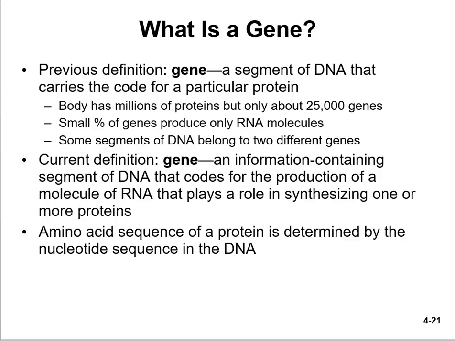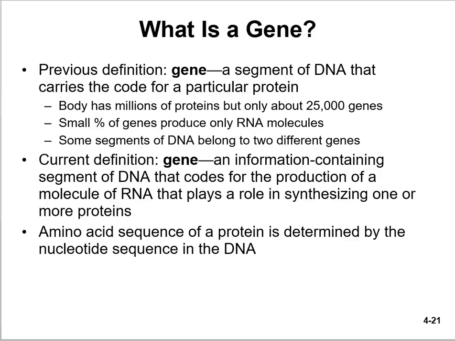And so what we found is that some segments of DNA belong to 2 different genes. So there are genes overlapping each other. So that means there's some long segments with short genes embedded within, and that there's multiple related proteins encoded by a single gene, and other unexpected arrangements.